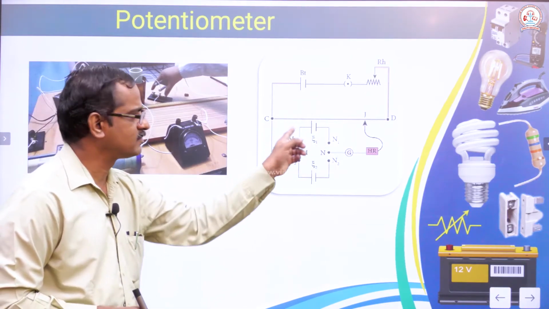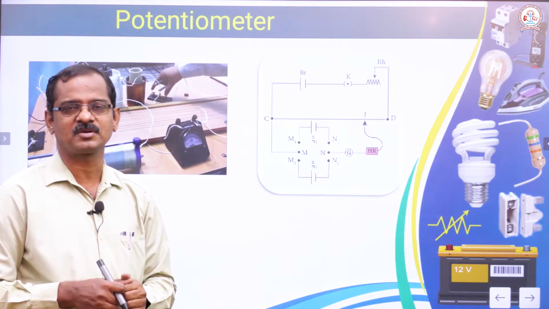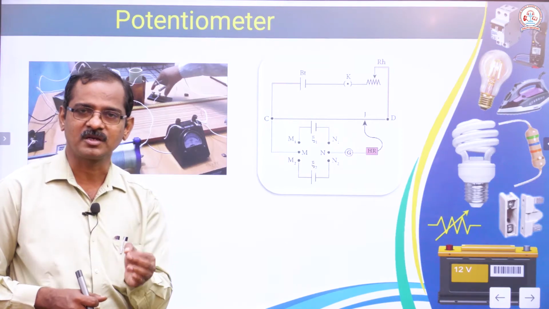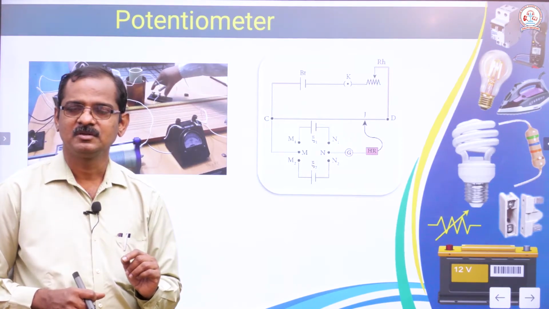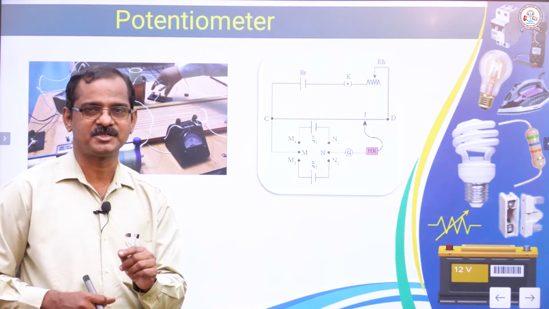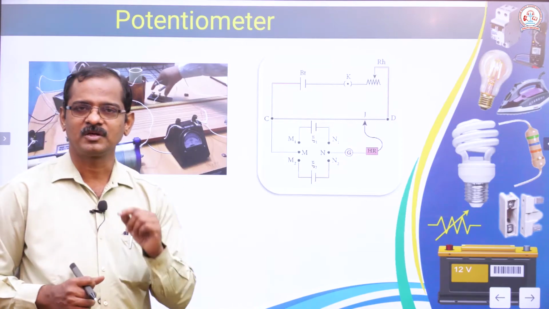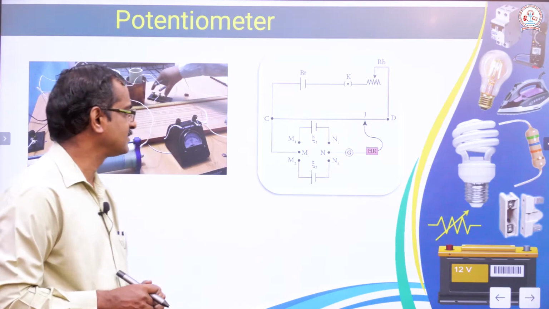When the balancing length is measured, based on the EMF, the balancing length changes. That is the working principle of the potentiometer. For the meter bridge, the working principle is the Wheatstone bridge, P by Q equal to R by S. For the potentiometer, the working principle is that EMF is directly proportional to balancing length.